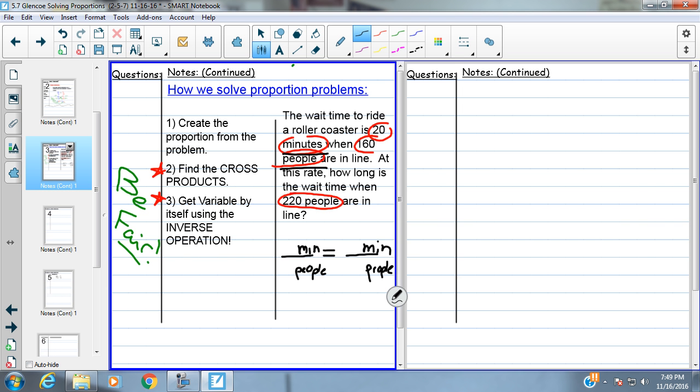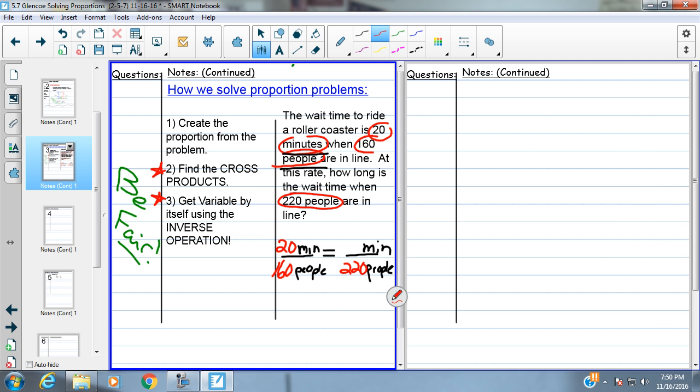Now let's see how that helps us place our numbers. The first amount of minutes talked about is 20 minutes, and the 20 minutes aligns with 160 people. Now on the right side, we do not know how many minutes it will take yet, but we do know we're trying to figure this out for 220 people.